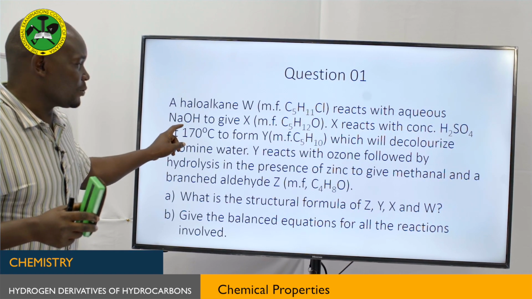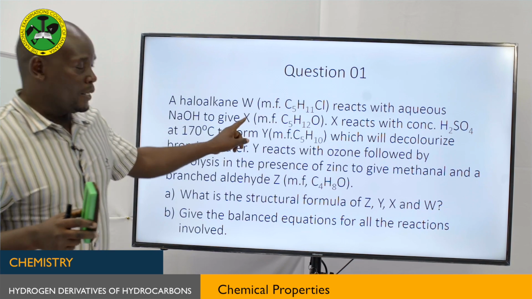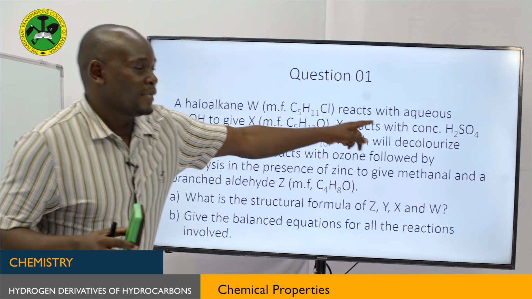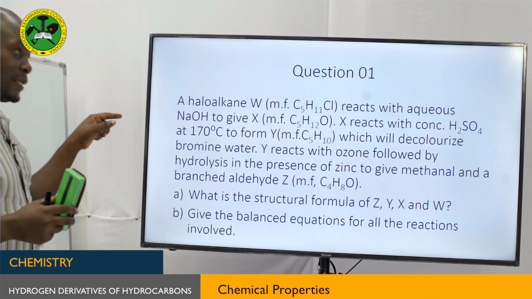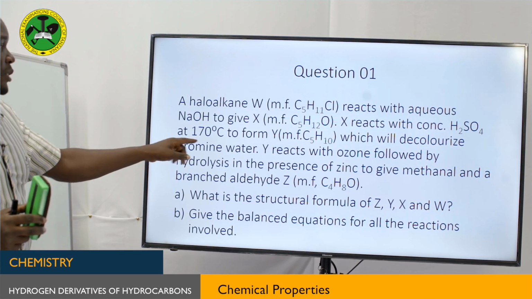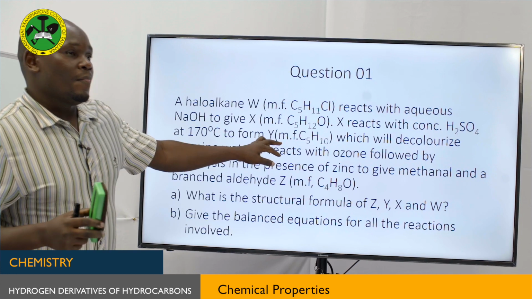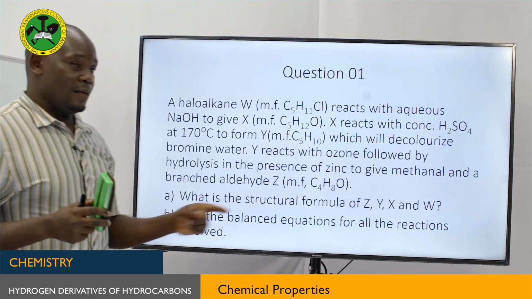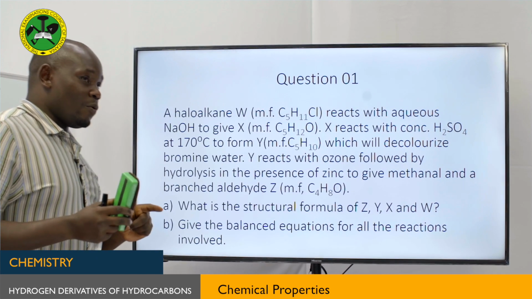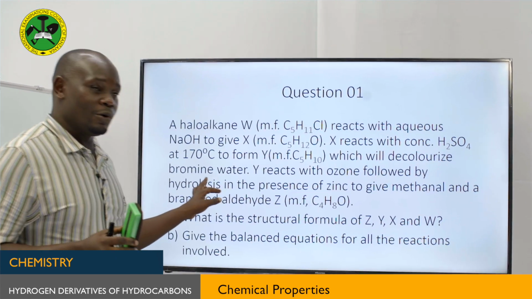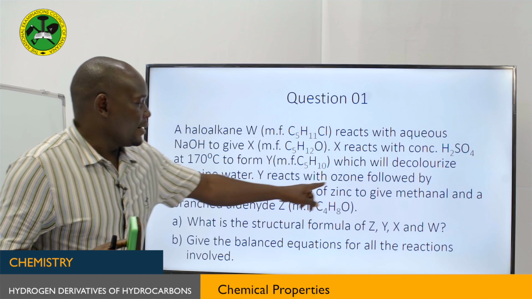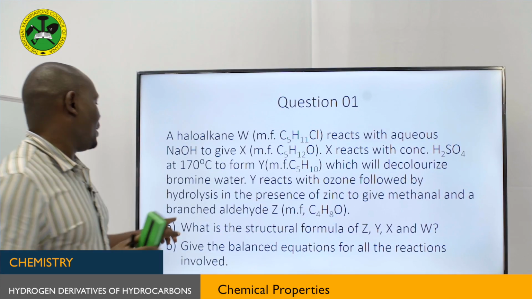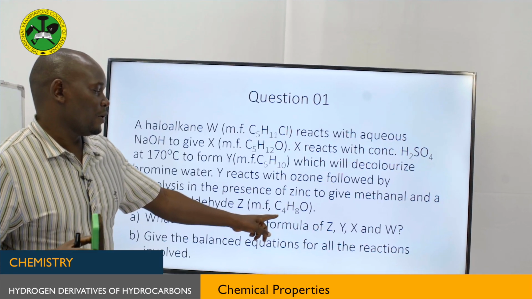If it is an aqueous solution, that means probably X will be an alcohol. And if it is an alcohol, then it reacts with concentrated sulfuric acid, which is a dehydrating agent, at that temperature to form Y. So Y might be our alkene, and the alkene is the organic compound that can decolorize bromine water. And Y reacts with ozone followed by hydrolysis in the presence of zinc to give methanal and the branched aldehyde Z.